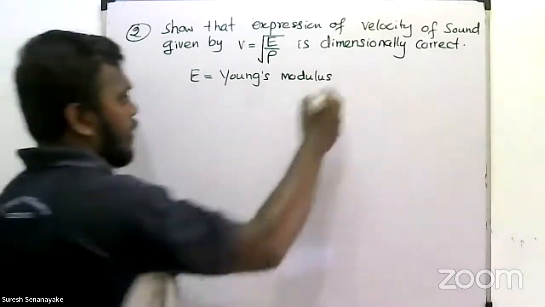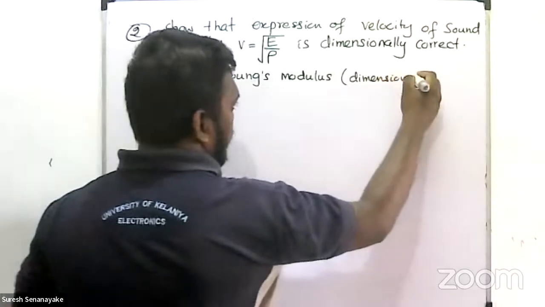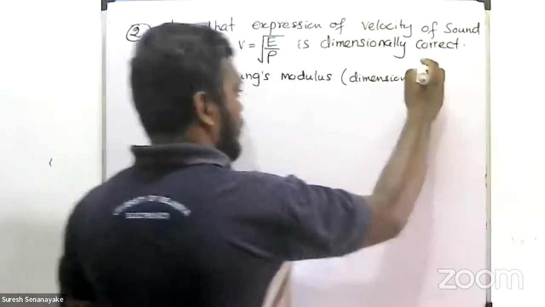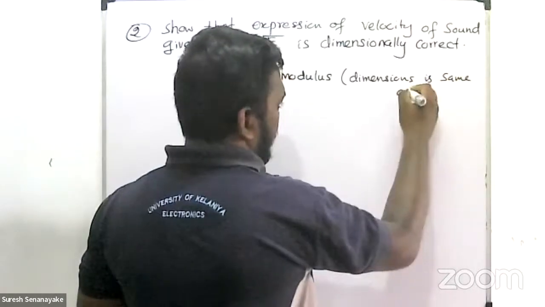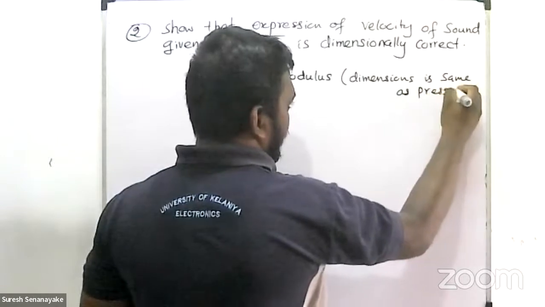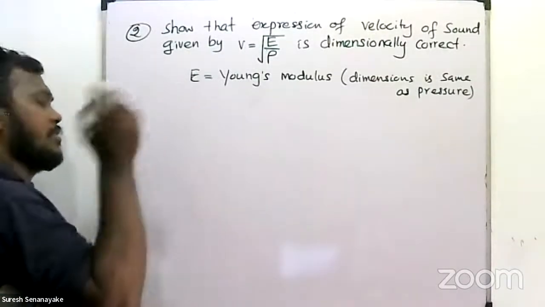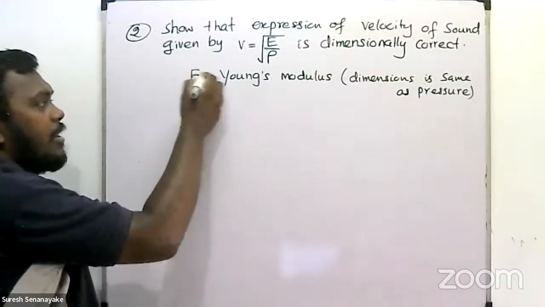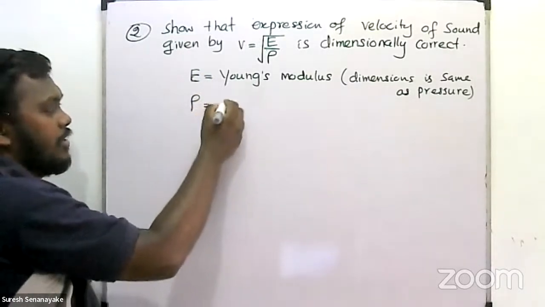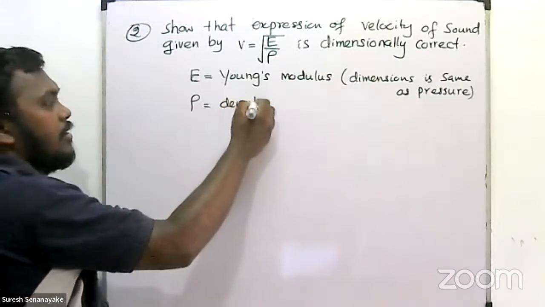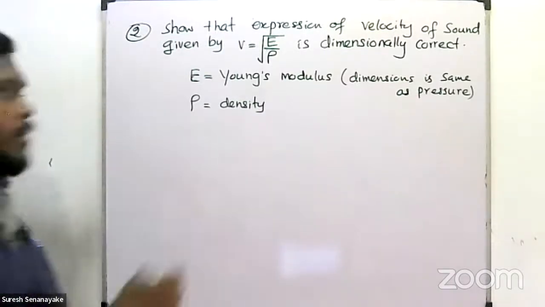You try this, given that the dimensions are the same as pressure. If not, you need to get this dimension using the table I gave, the table of dimensions of pressure that we discussed last week. Then rho is the density, the density of the medium.